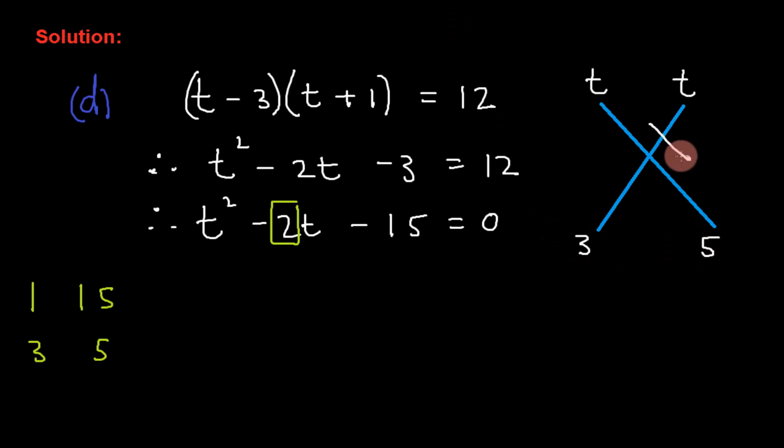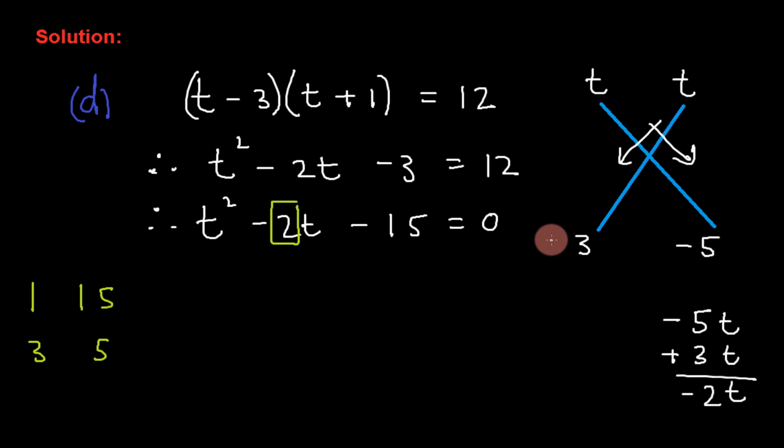Then cross multiplying. Our middle term must be negative 2t. So we need a minus in front of 5t and a plus in front of 3t in order to get negative 2t. That means we need a negative here and a positive here.